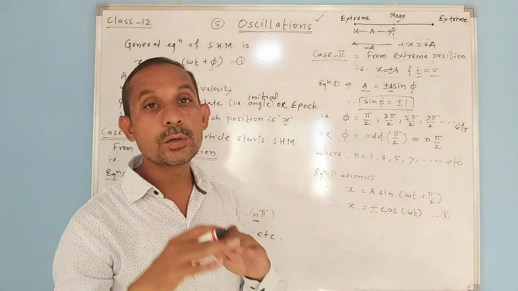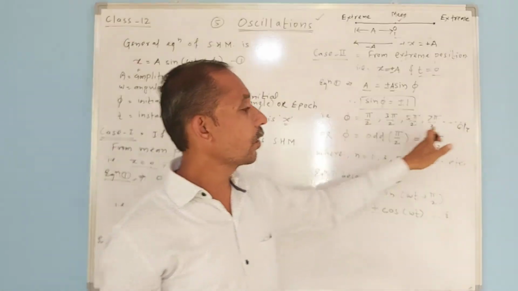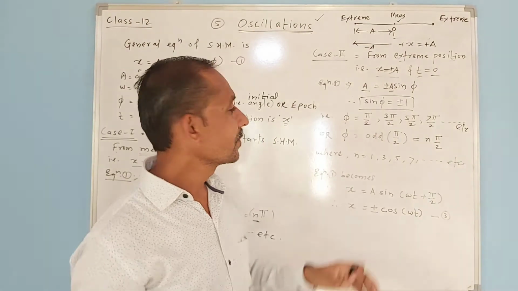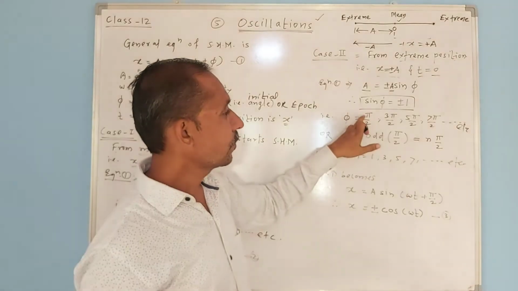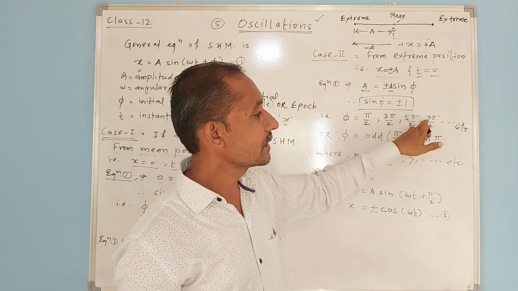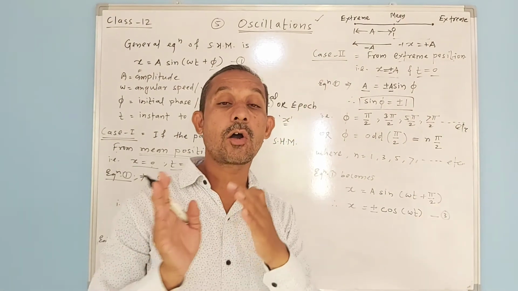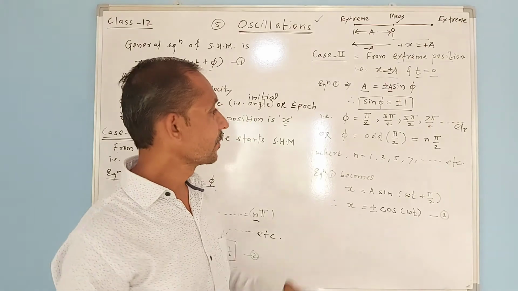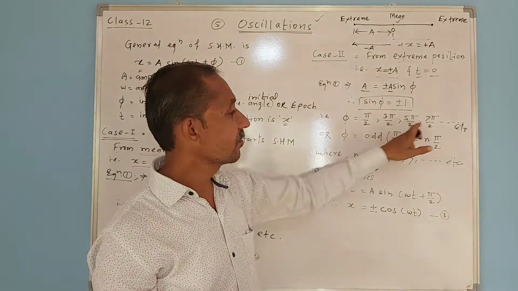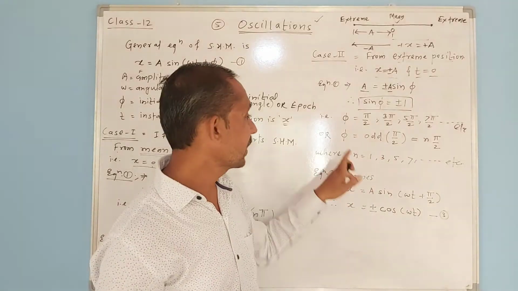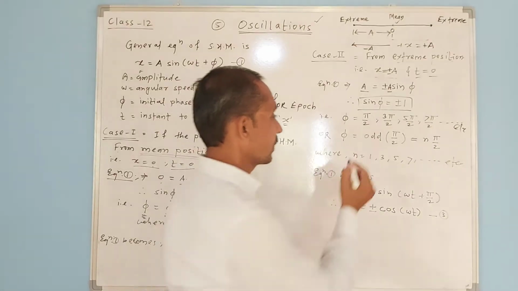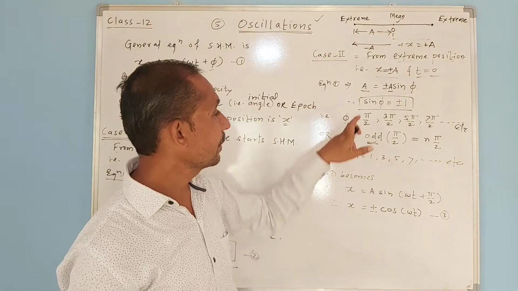Pi by 2, 3 pi by 2, 5 pi by 2, 7 pi by 2. Pi by 2 is common in all. Then 1, 3, 5, 7, 9, 11, such numbers we will get, which are the odd numbers. Generally we can write phi is equal to odd integral multiple of pi by 2.